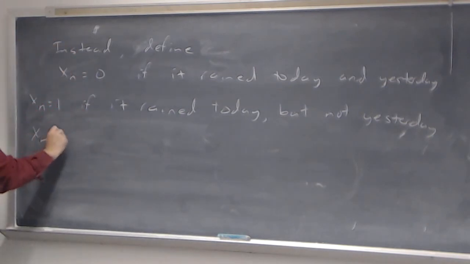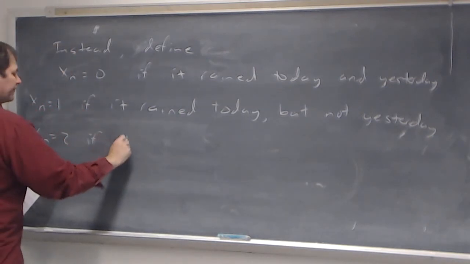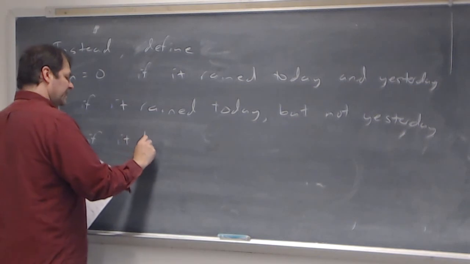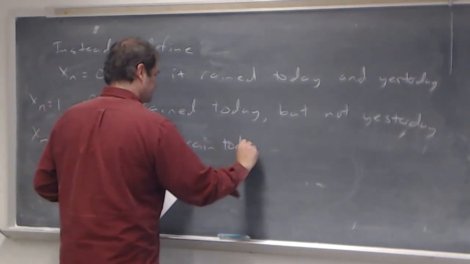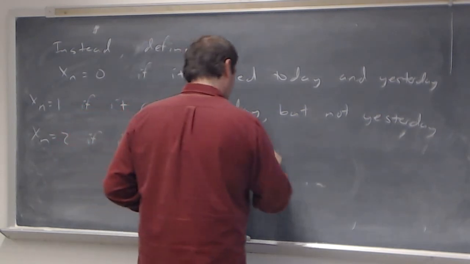X sub n equals 2 if it didn't rain today, but rained yesterday.